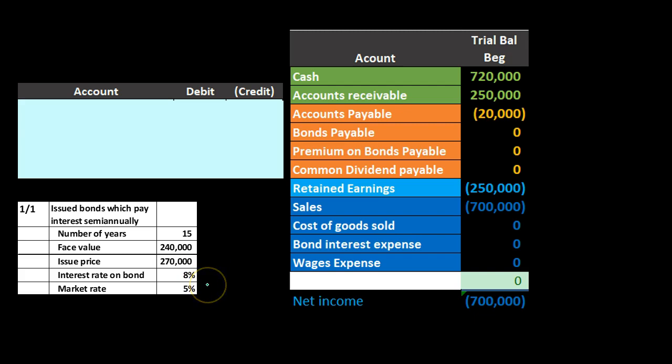What we can do is say, well, we're paying out more interest than other people are paying. So instead of getting the face amount, the $240, if you give us $270,000 now, we will give you back $240 at the end of the time period, and we'll pay you out this higher interest rate to make up the difference, the 8%, rather than what you would get elsewhere, which is just the 5%. So that's the reason for this.